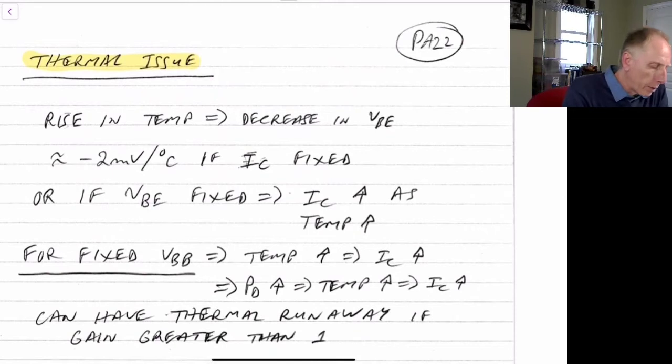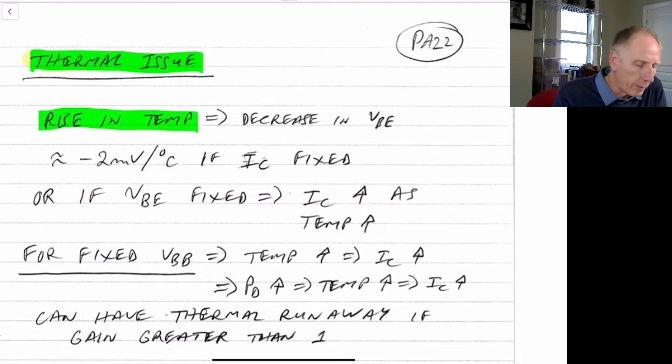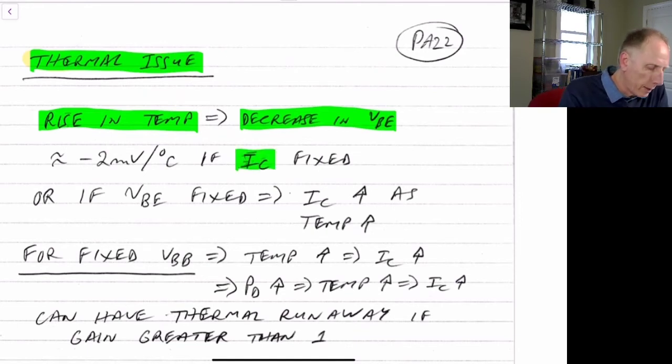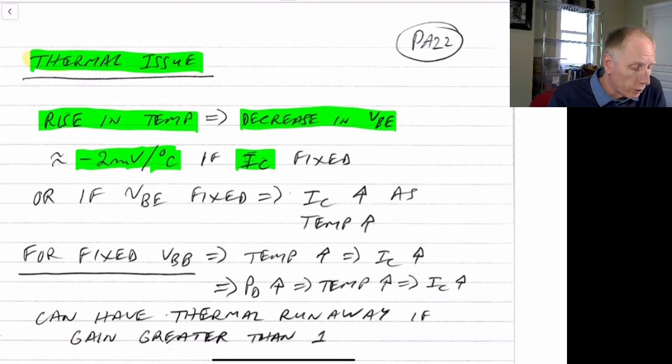Now we should also mention thermal issues. It's well known that in a bipolar transistor, if you get a rise in temperature, then you get a decrease in the VBE voltage. So if you fix the collector current, then your VBE drops by 2 millivolts for every degree Celsius that you increase in temperature.